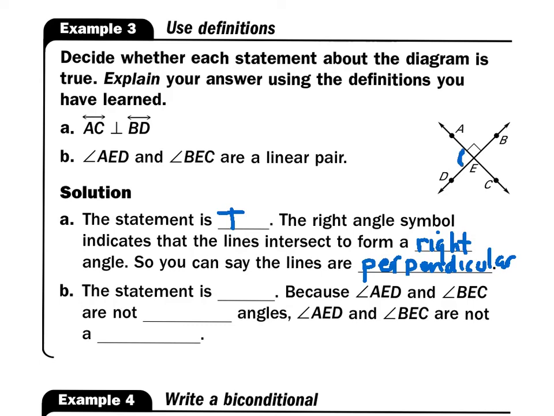And angle BEC, that angle. Are they a linear pair? Well, if you squish them together, they would make a straight line. But our linear pair definition says that they also have to be adjacent angles right next to each other. So they are not a linear pair.